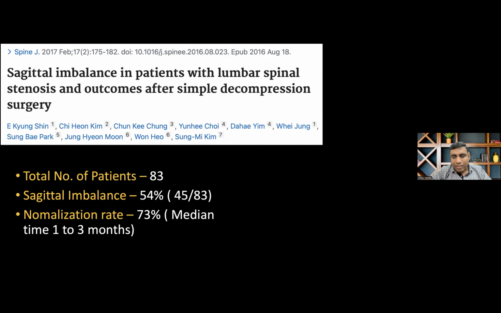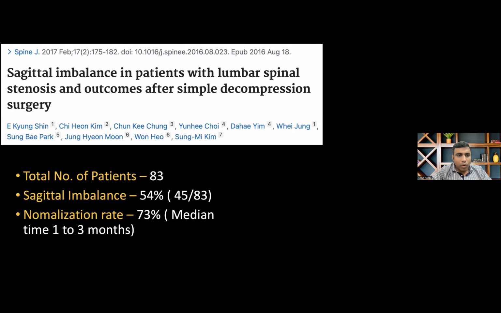But we have to understand that a vast majority of these patients actually have a functional kyphosis and not a structural kyphosis, which means that if you decompress them well and the pressure on the nerves is gone, they are likely to straighten up, or get their normal lumbar lordosis in the post-op period without doing fixations.